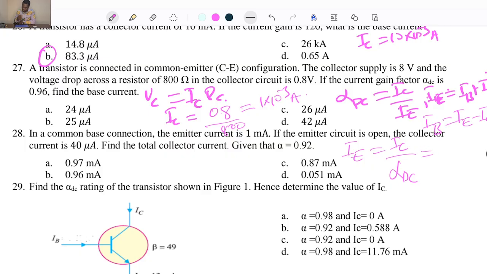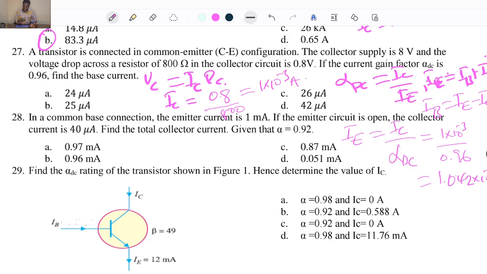So we are going to get 1 milli over 0.96. So we are going to get 1.042 milliamps.